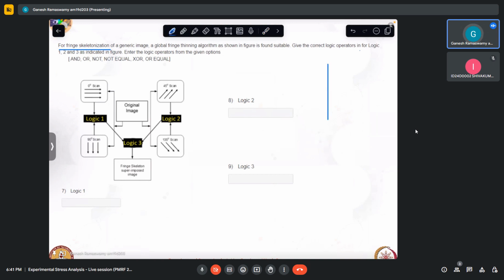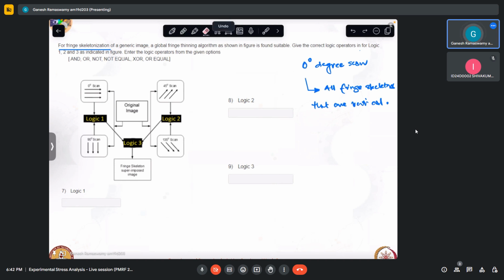Basically for horizontal and vertical fringes, if I were to scan in this direction first, if I were to scan in 0 degrees first, what this will give me is a 0 degree scan, which will give me all fringe skeletons that are vertical, and then it will remove all others that are not vertical.